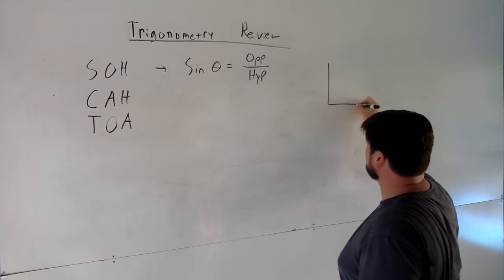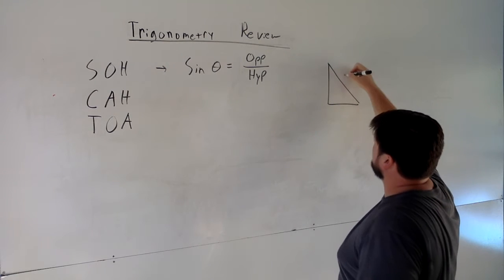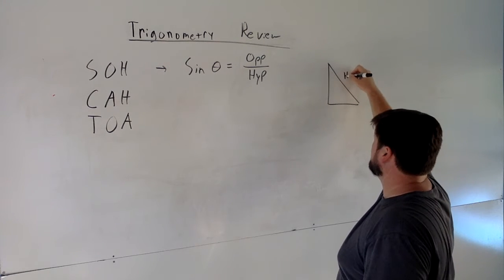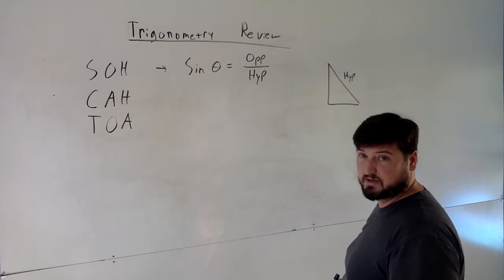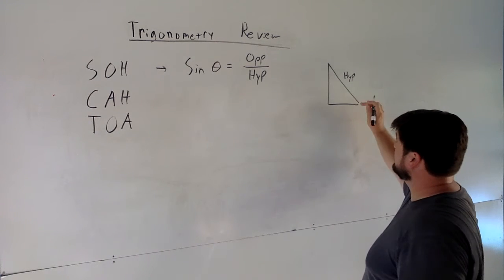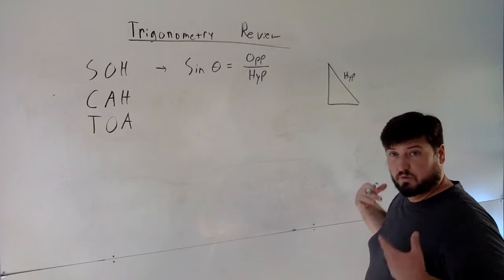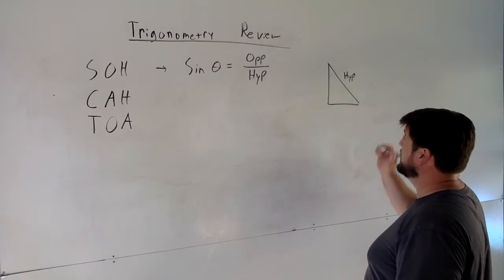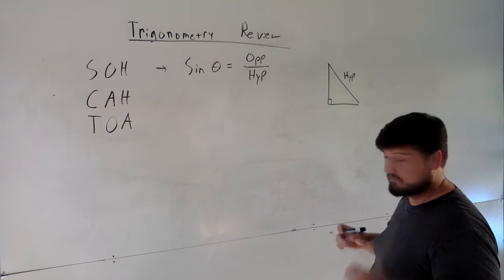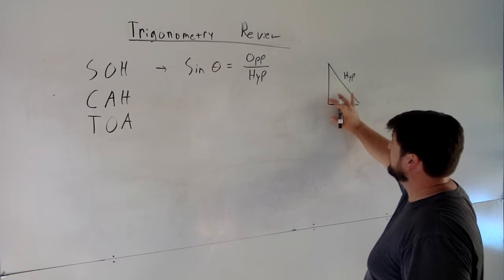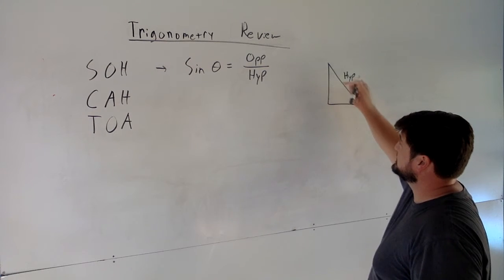Okay, and let's again remember our parts of a triangle. I don't think you guys probably need this, but just in case, the long side is always going to be your hypotenuse. Not HP, but HYP. Hypotenuse, okay? And the other two change depending on what angle you're talking about. Now, we're going to have a ton of right triangles in here. Not always, but a lot of it will. So what we're talking about is this angle or this angle.